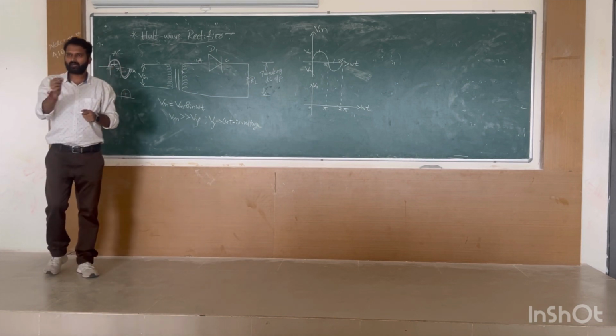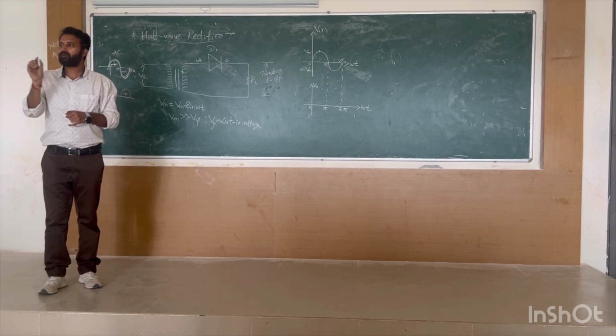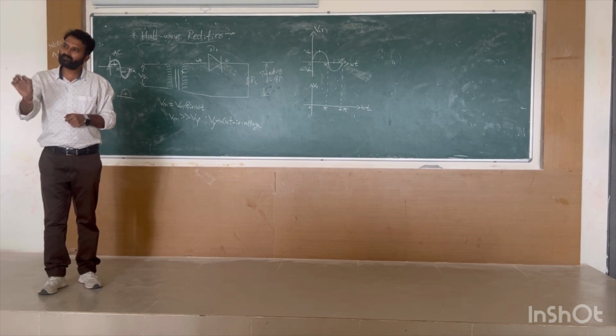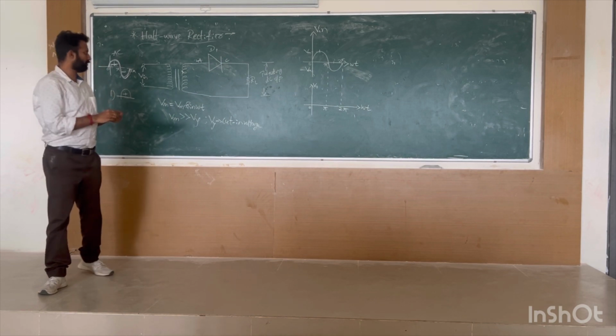Understandable? It may be any topic from the second unit. You will start your answer with what will happen for the positive half cycle. Operation. Understandable?